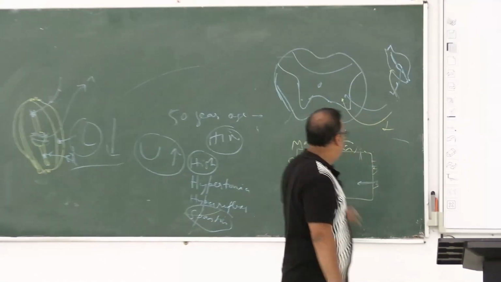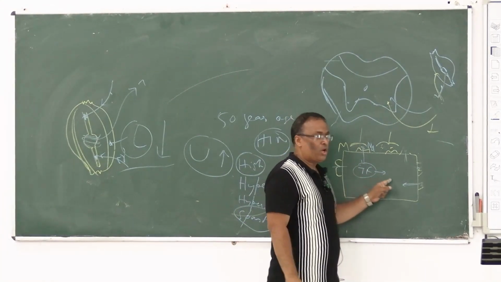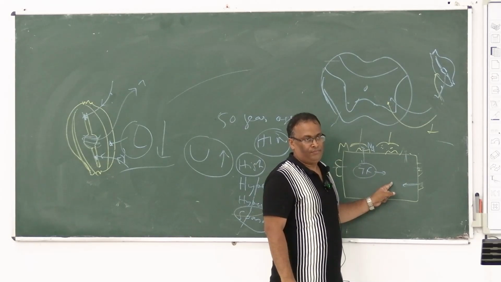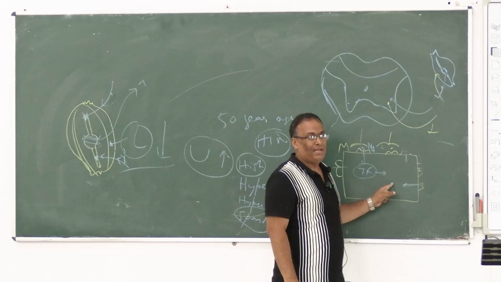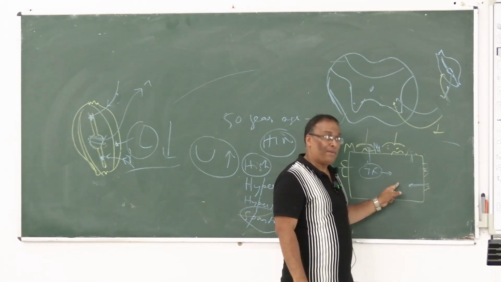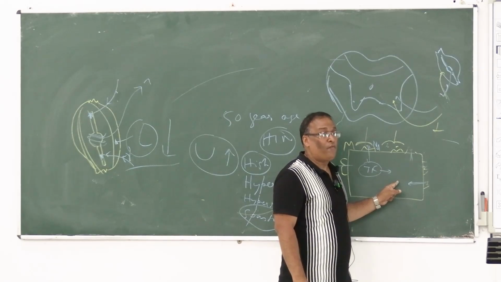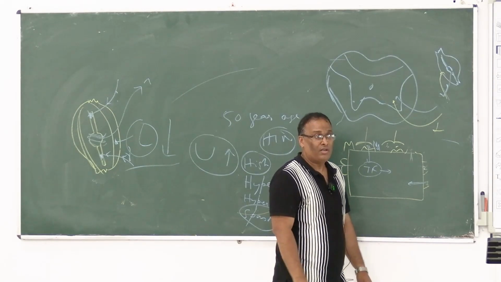Understood? What will the transcription factor do? Ultimately it will communicate with the DNA, and then it will cause translation. Translation means what? mRNA, then protein. And what protein? Our muscle protein. So muscle protein will be formed, and muscle bulk will form with the help of this protein, right?